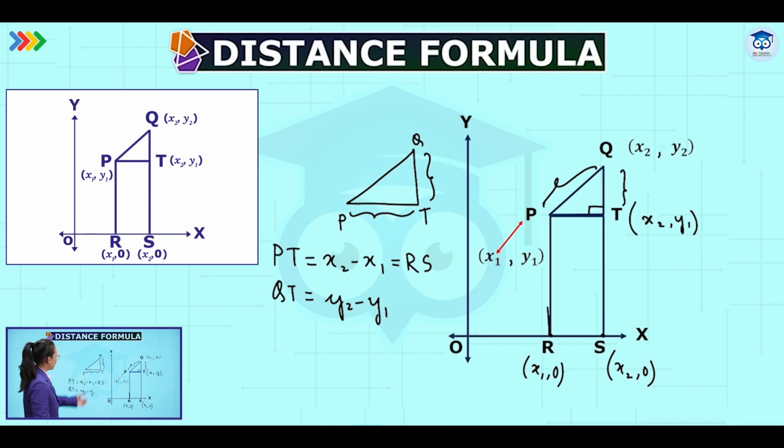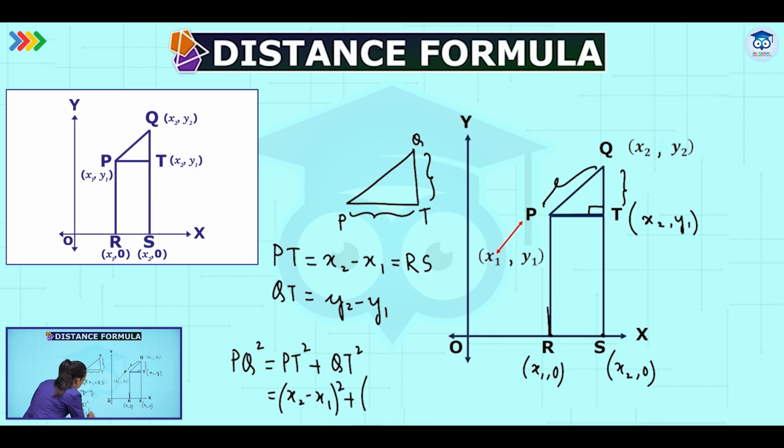So now let's use the Pythagoras theorem. By the Pythagoras theorem, PQ squared is equal to PT squared plus QT squared, right? So PQ squared will be (x2 minus x1) whole squared plus (y2 minus y1) whole squared. Now, if we are calculating only PQ, we are going to find the square root of this.